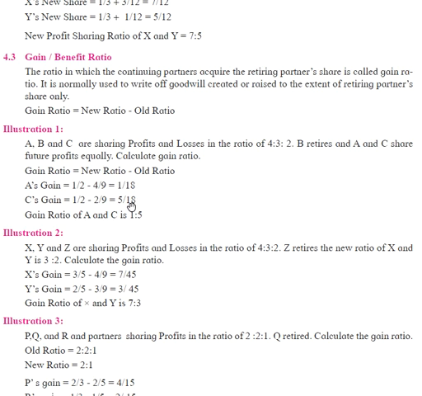So the gain ratio of A and C is 1 is to 5.